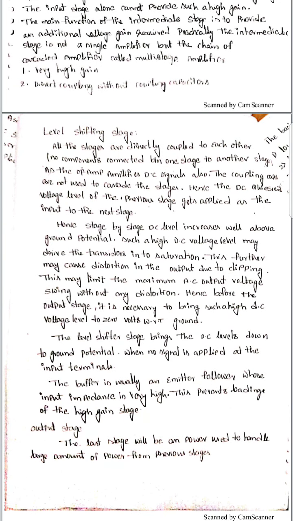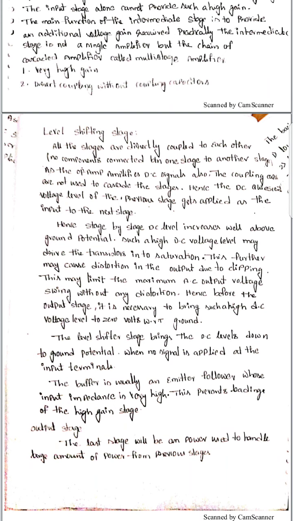Third stage is the level shifting stage. All the stages are directly coupled to each other, with no components connected from one stage to another. As the op-amp amplifies DC signals also, coupling capacitors are not used to cascade the stages.